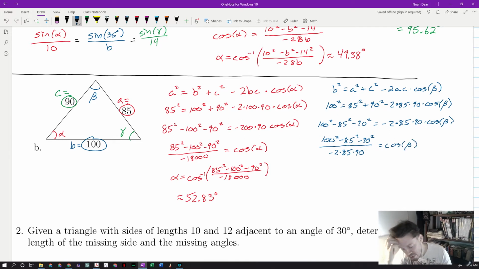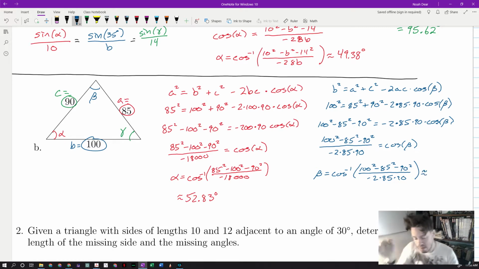So I take the cosine inverse of the left side to get my beta value. So beta equals cosine inverse of 100 squared minus 85 squared minus 90 squared over negative 2 times 85 times 90. And when I plug that into the calculator, make sure as you're doing this in the calculator, you put parentheses around the numerator and denominator, and that you're in degree mode.